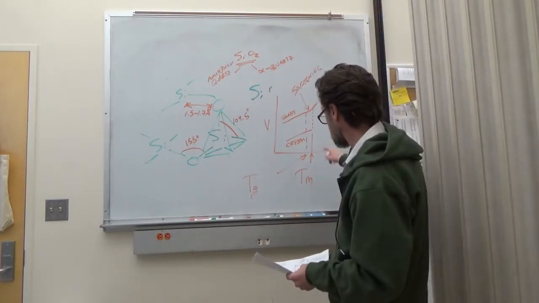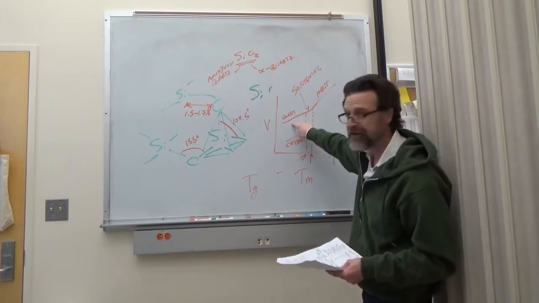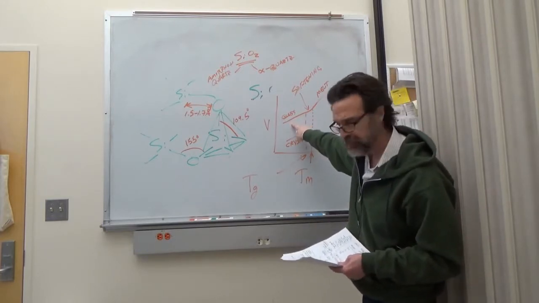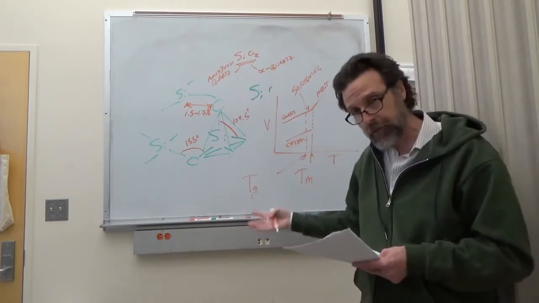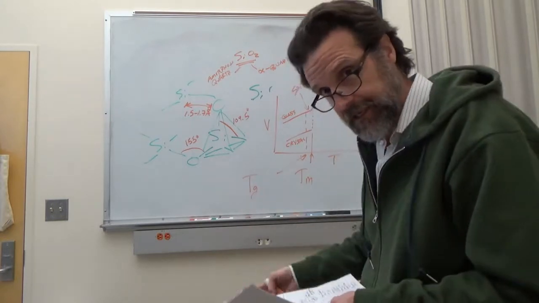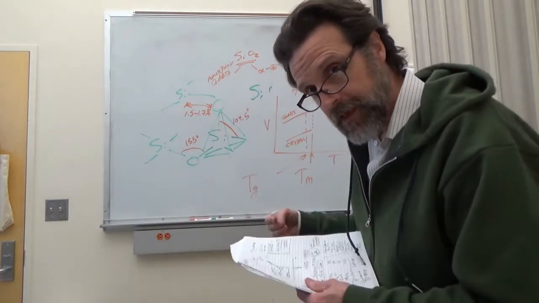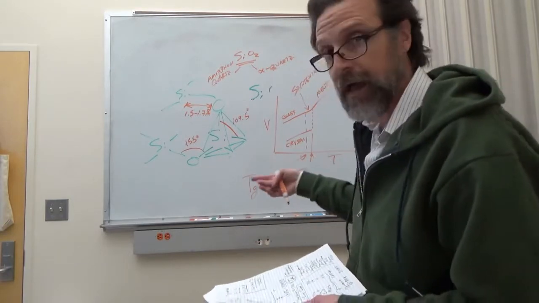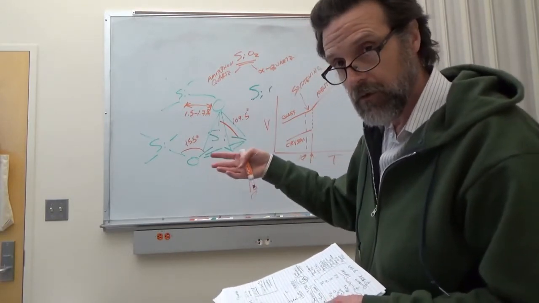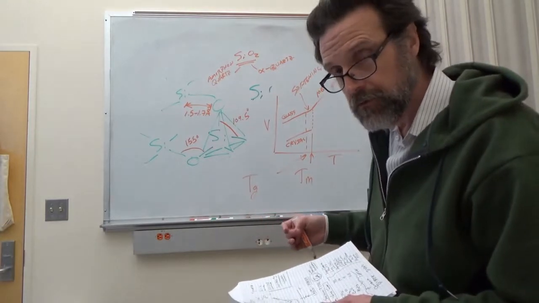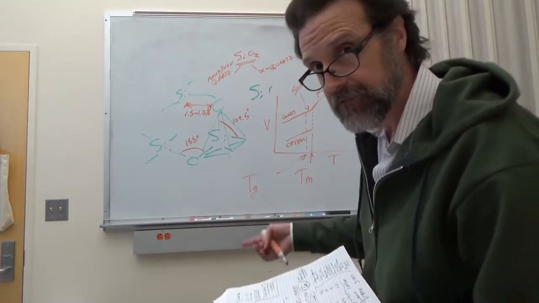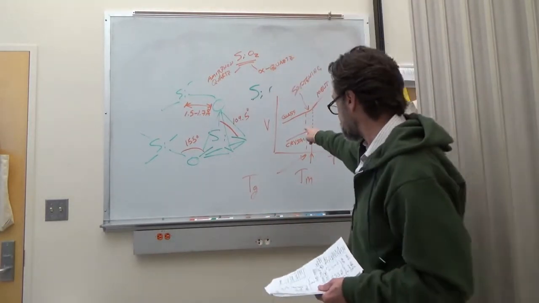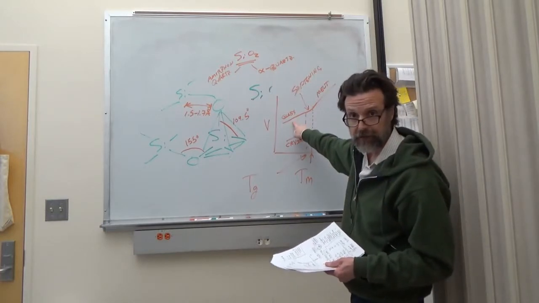Something that makes glass transition temperatures interesting, and just glass solids in general interesting, is that the properties of the glass, the density, optical properties, etc., they all depend on the thermal history. So depending on how rapidly or slowly you cool the material, you're going to get a different response. So let's say this was a relatively quick cool.